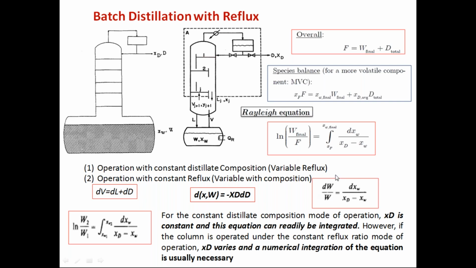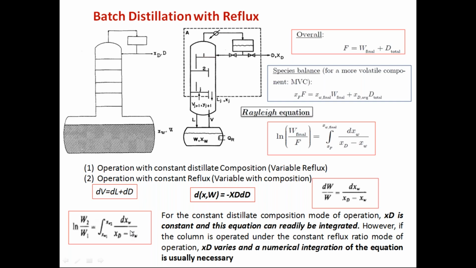So when you have the variation in W, then the quantity of XD minus XW also will vary. So this will only be possible to integrate. This equation can be integrated when you keep xD as a constant. Okay, so if the xD is constant, then this can be continuously integrated.